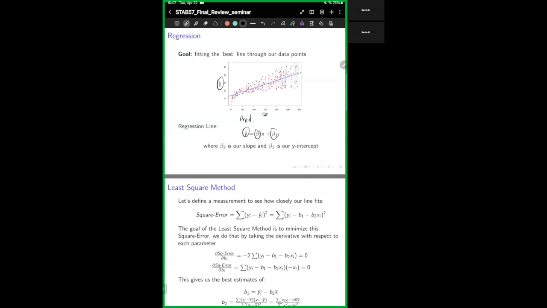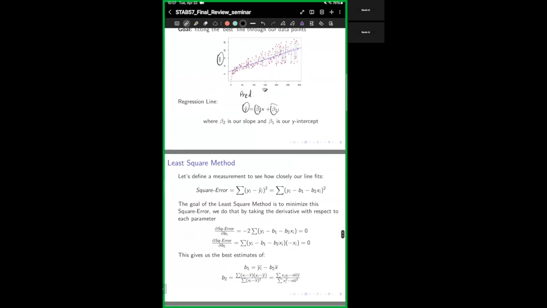We get -2 times the sum of (yi minus b1 minus b2 xi), and we set it to 0. We know that this function is convex, so maybe we can use some sort of gradient descent, or we can just take the plain old derivative. Either way, we should come to a single closed form solution.